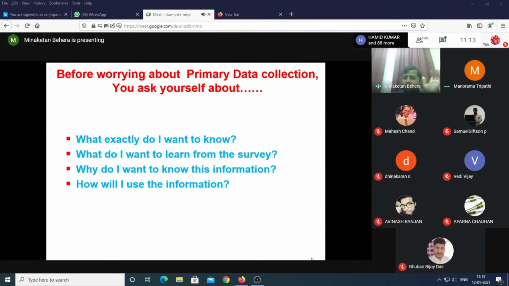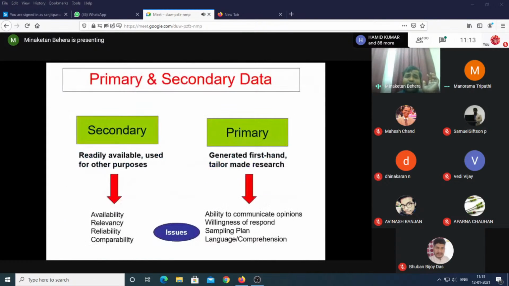Okay, so I will combine this information, just look at it. Generally we use two things: primary data and secondary data.